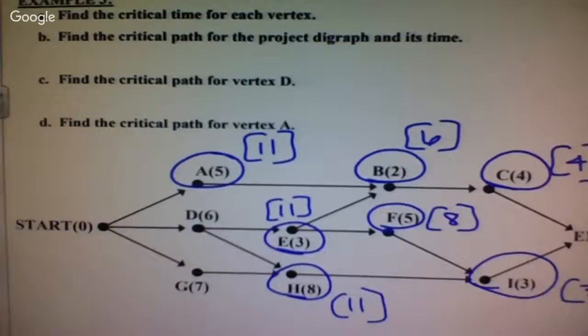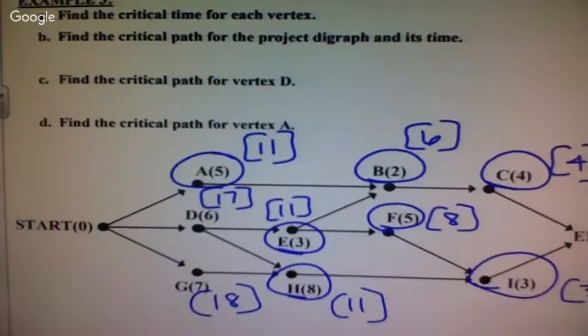I have 2 numbers that back up to D. Which one do I want to take? Does it matter? No, this one doesn't matter which way I back up because it's the same number. So either way, D is 17. And H is the only thing that backs up to G, which gives G 18.